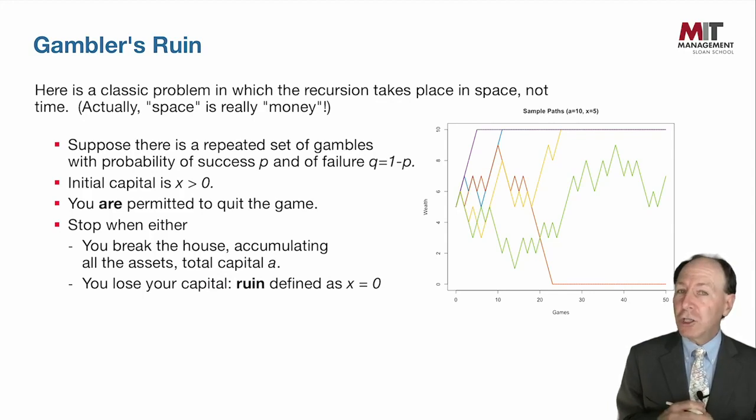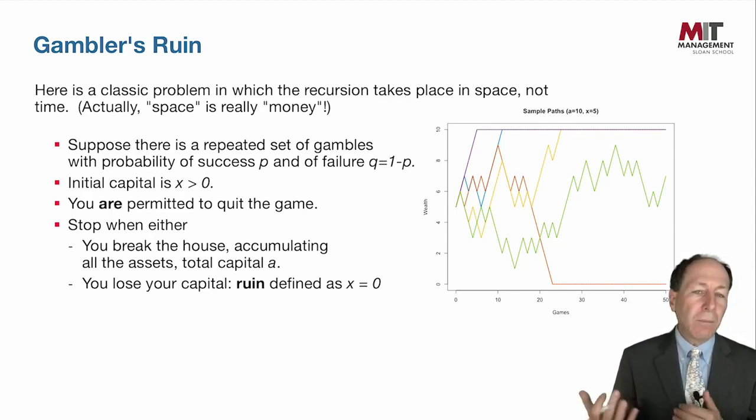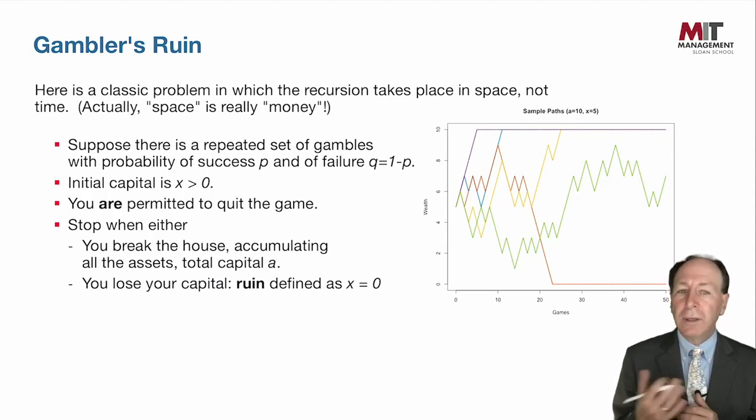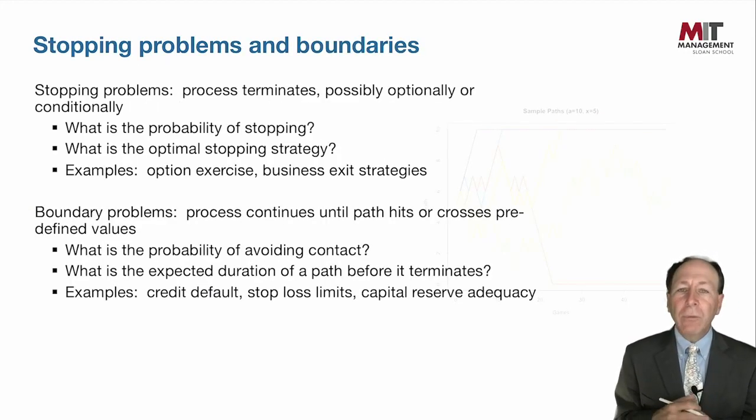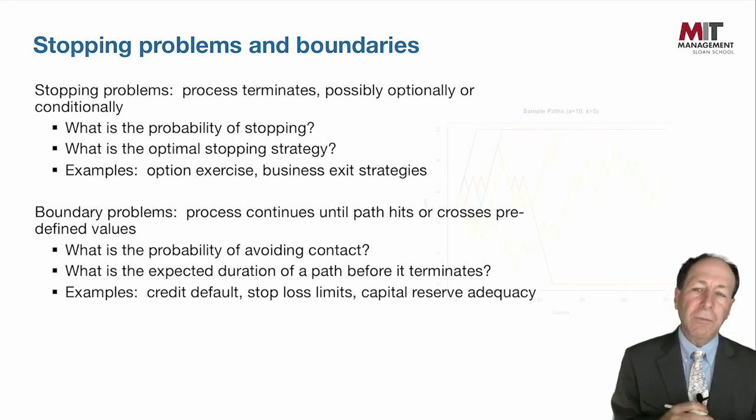You start with some initial capital, x greater than 0. And we have these two classic stopping points, which are either when your capital X is equal to 0 or X is equal to A. Now, there are two kinds of things that this typifies, two classes of problems known as stopping problems and boundary problems.